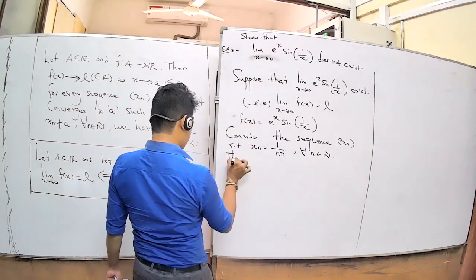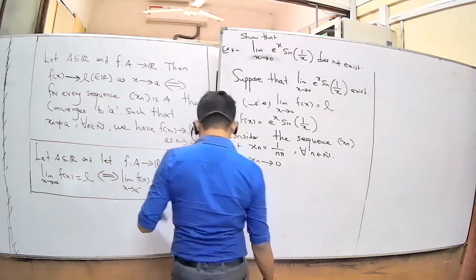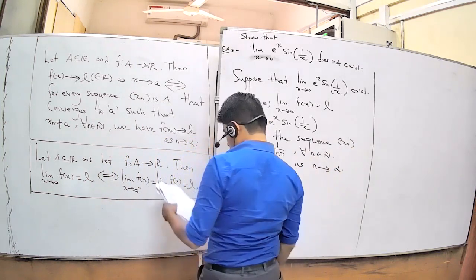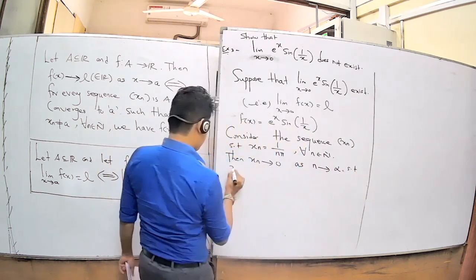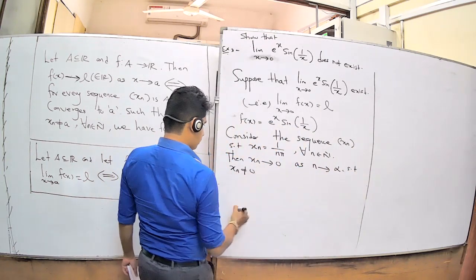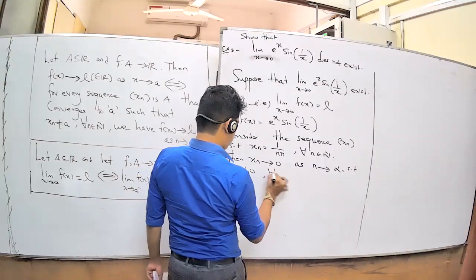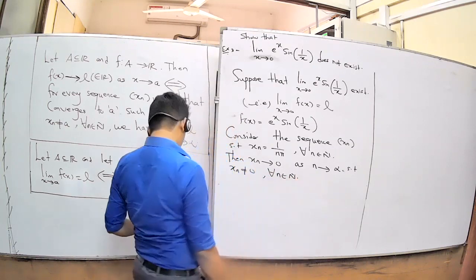Therefore x_n tends to 0 as n tends to infinity, such that x_n is not equal to 0 for all n belonging to natural numbers.